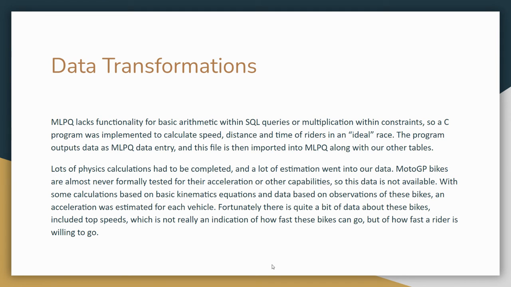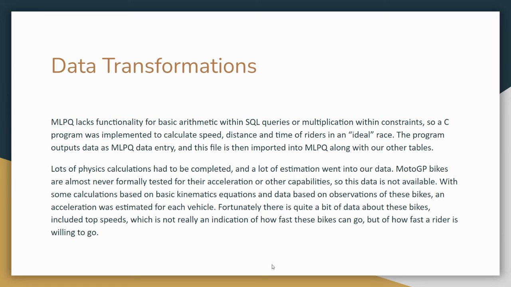We had to actually do a lot of physics calculations for this project, and we had to do a lot of estimation as well. MotoGP bikes are almost never formally tested for acceleration or other capabilities because they're not meant to be available to the general public, so this data isn't available.